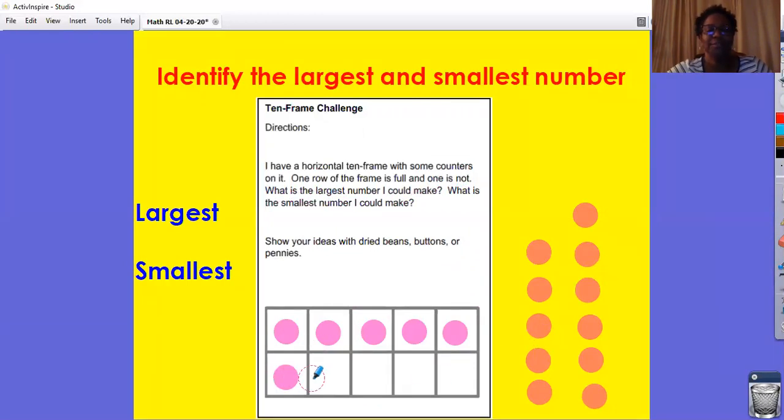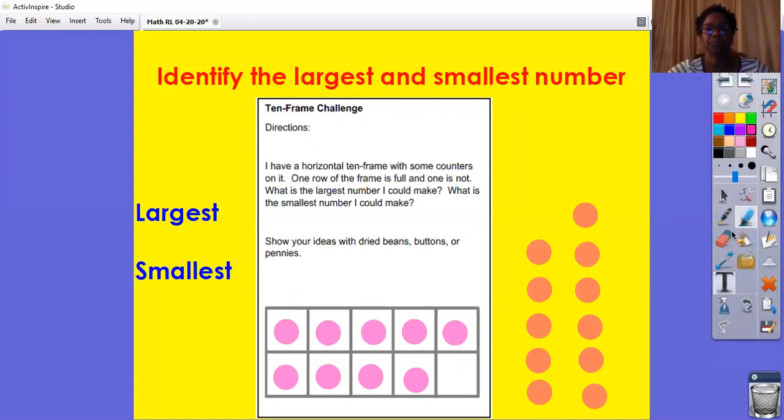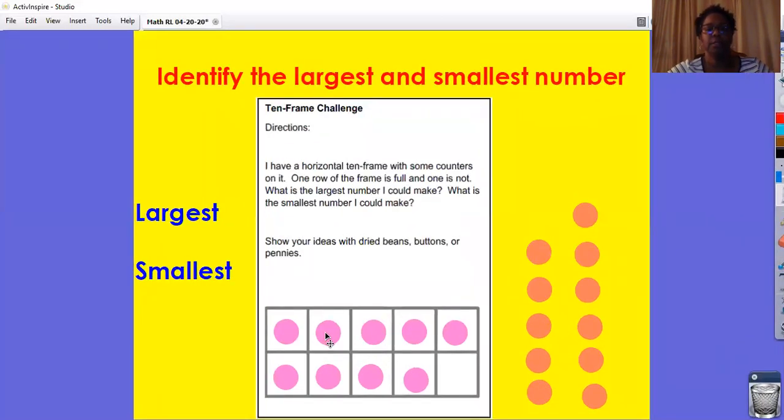Let's put in 1, 2, 3, 4. Put in 4. So let's figure out what is this number that is the largest that we could have. Let's count them. 1, 2, hold on. I need you to make sure you're counting with me.